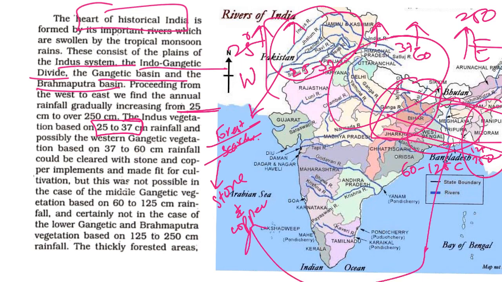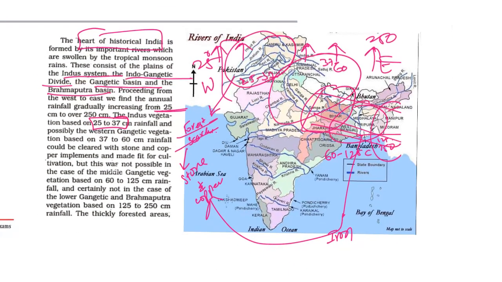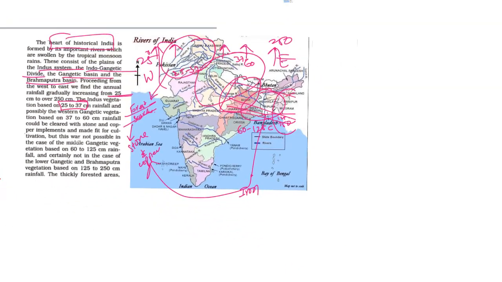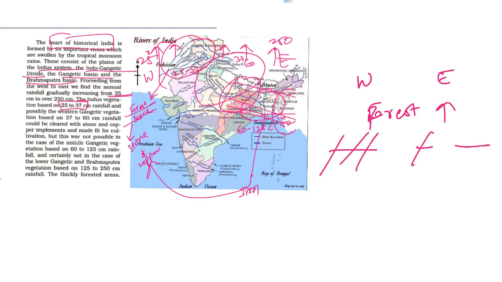Then there will be a need of a new metal called iron in order to clear this type of forest. This is very important: as the rainfall keeps on increasing from west to east, so does the forest area, and because the forest area keeps on increasing, it needs new kinds of implements in order to clear it.